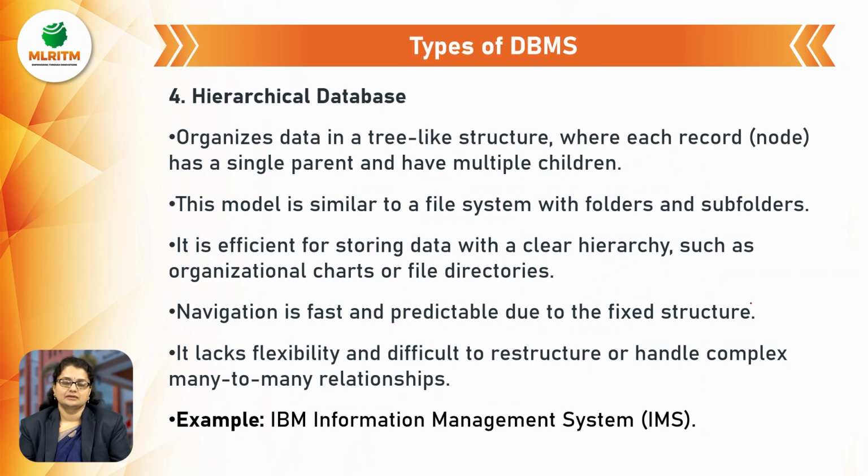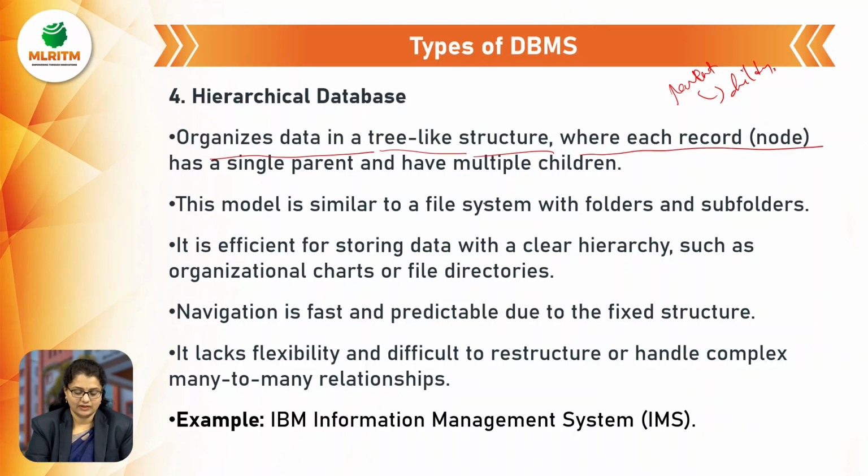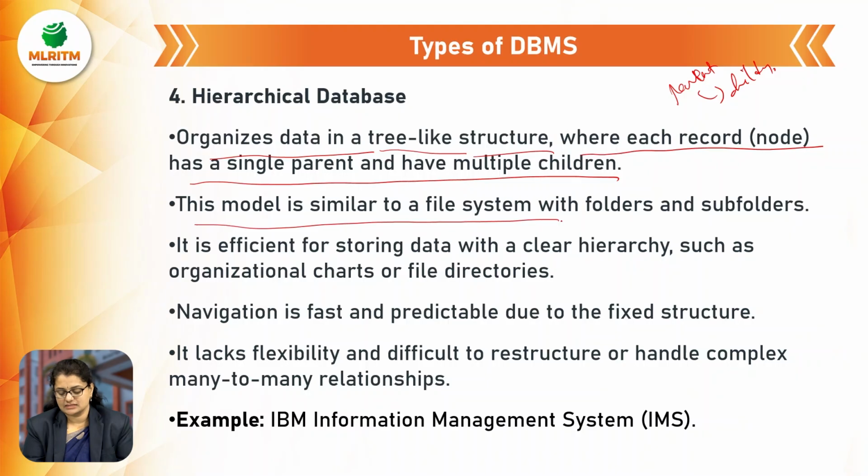The next one is the hierarchical database. We know hierarchical means parent and children. It organizes the data in a tree structure, where each record, which we call a node here, has a single parent. The single parent contains multiple children. The model is similar to a file system.